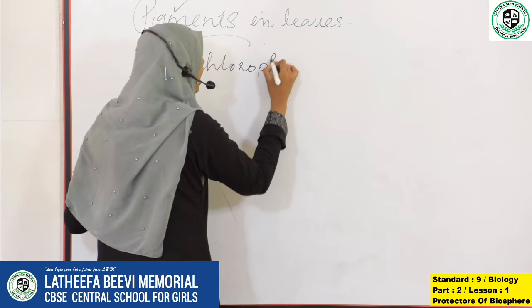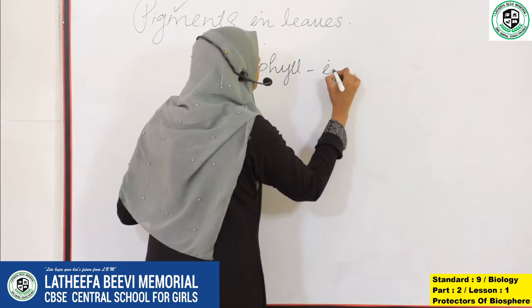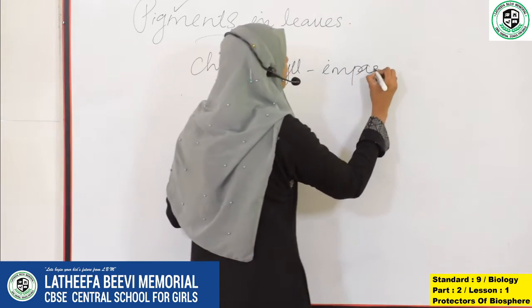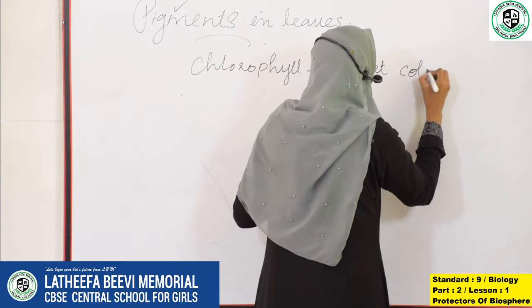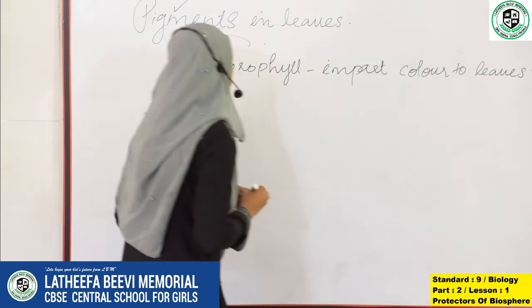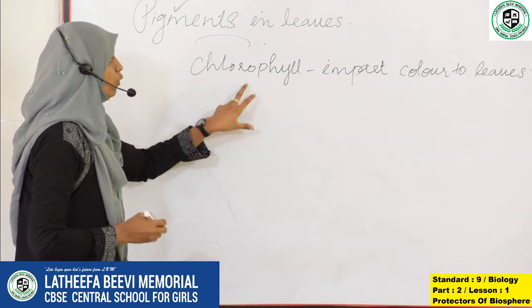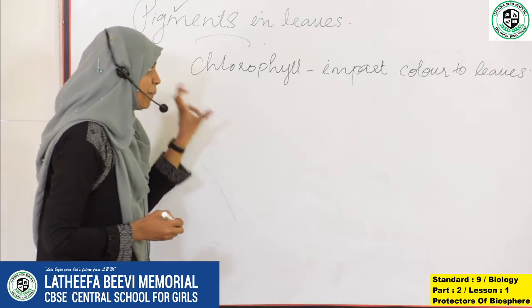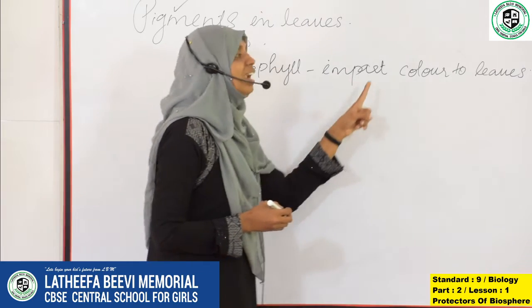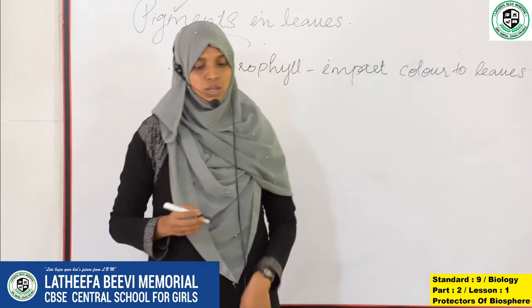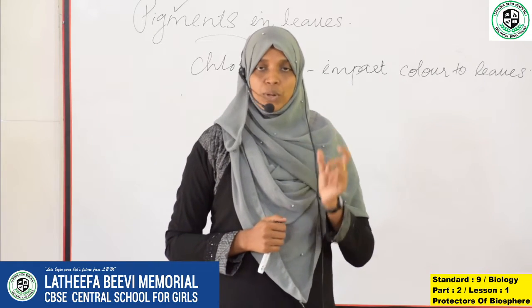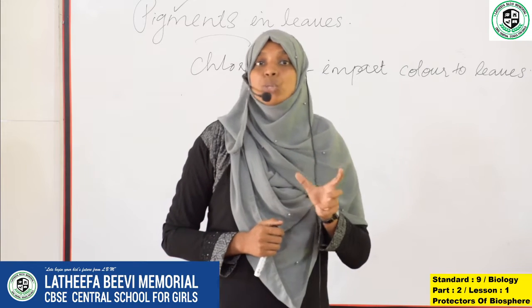Chlorophyll is a pigment that imparts color to leaves. You know that chlorophyll imparts green color to leaves and plants.